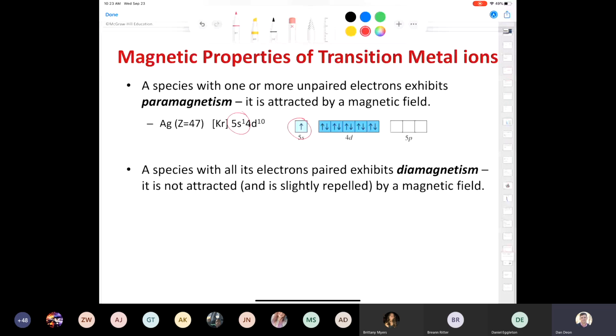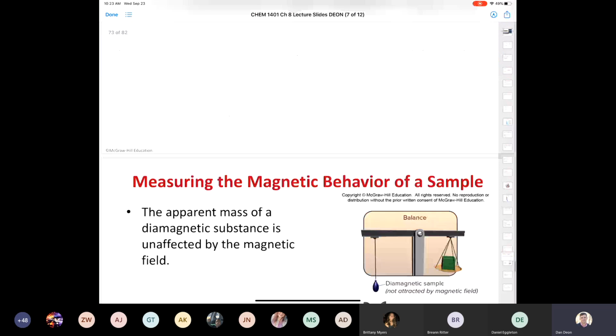That means it's not attracted, and it's actually slightly repelled by a magnetic field. If all the sublevels are completely filled up, it's diamagnetic. You need to be fully aware of these definitions. I can promise you that the ACS final always asks one question about whether this is paramagnetic or diamagnetic.